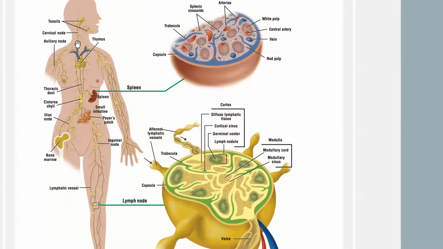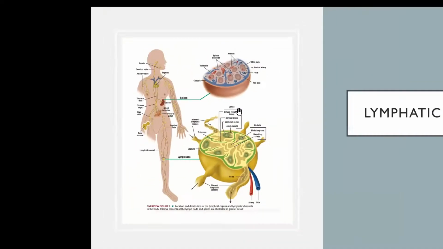In these parts, the accumulation of the lymph nodes is greater. In this picture, you can see the tonsils and also the Peyer's patches of the small intestine. So this is the overview of the lymphatic structures which we have in our body.